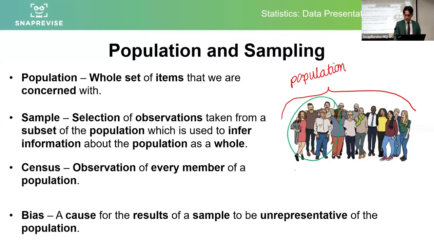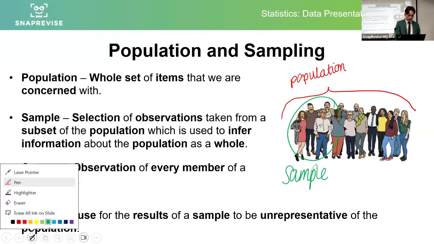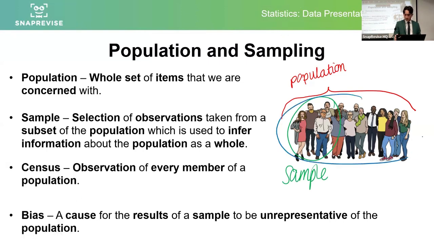A census is collecting the data for the whole population. So the population is the whole set of items we're concerned with. The sample is a selection of observations from a subset of the population, and we use that to deduce things about the whole group. A census takes an observation for every single member of the population.